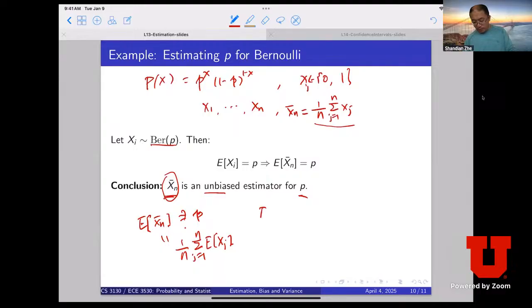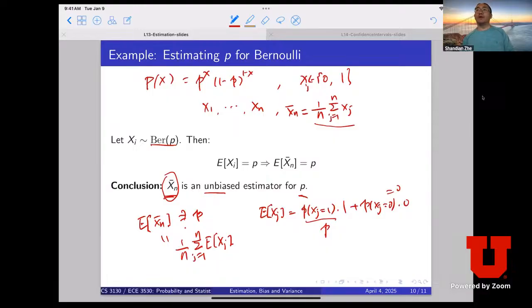The expectation of xj is the probability that xj is 1 times 1, plus the probability that xj is 0 times 0, right? And this term is simply 0, and this term is p.